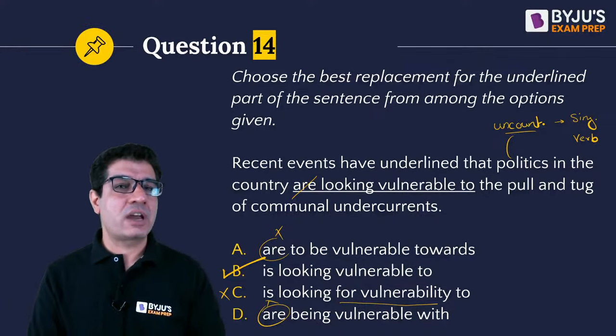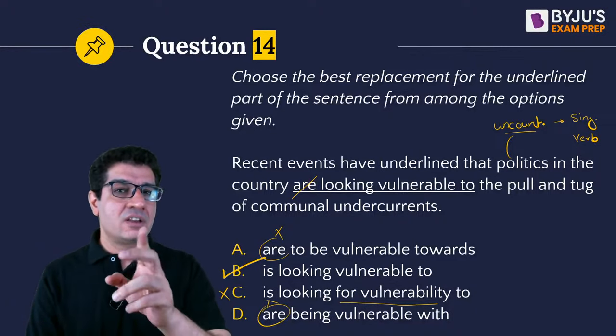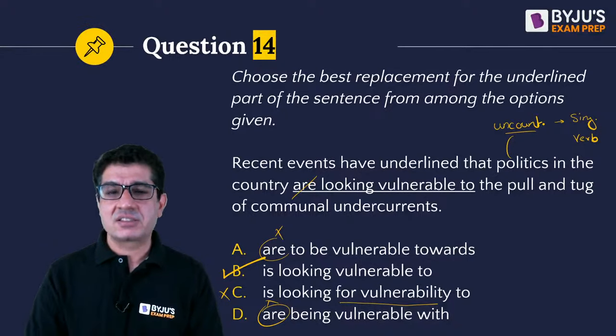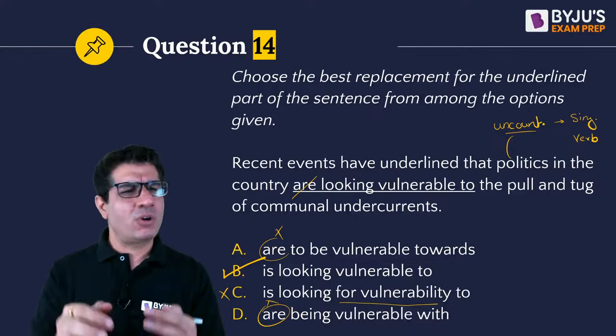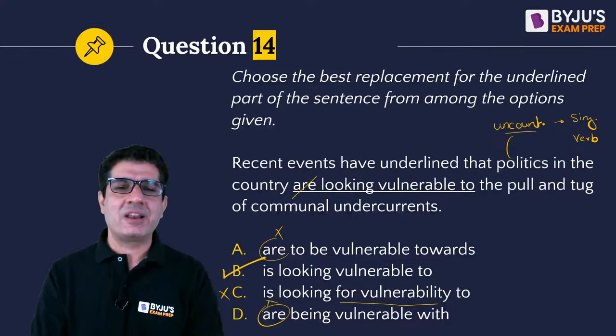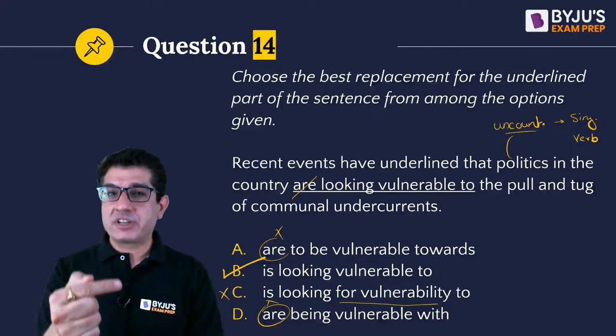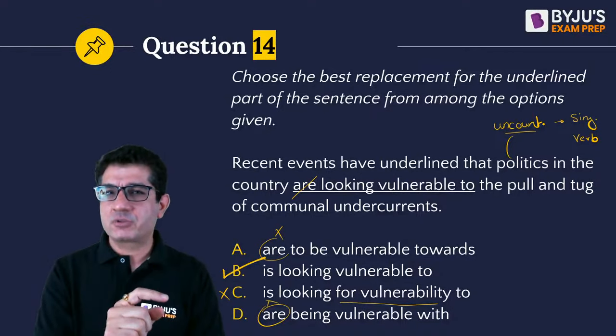So politics also happens to have this other meaning where it can be treated as a plural noun. Here is a bit of homework for you. Once this session ends, pick up your dictionary, or you can of course Google it as well. Go to the entry called politics, look at the various meanings, and you'd see this one meaning where it is plural.